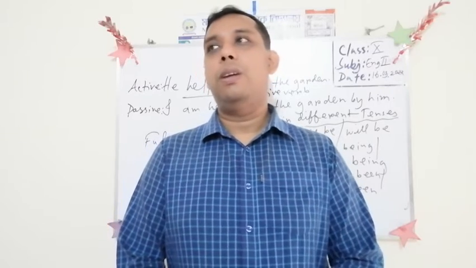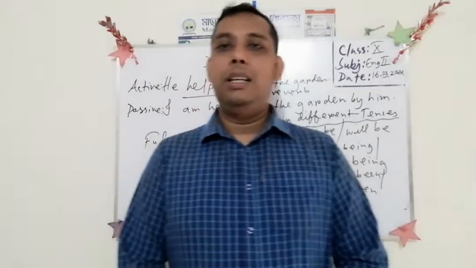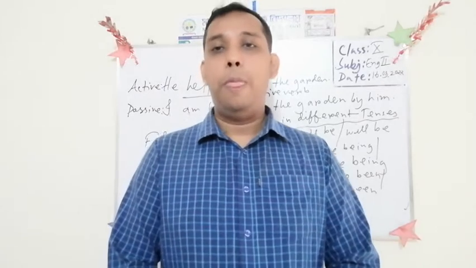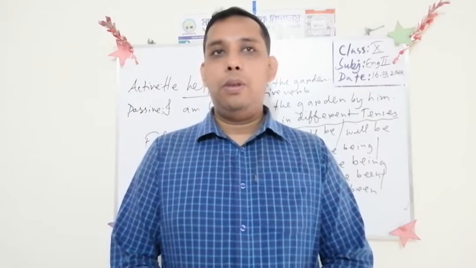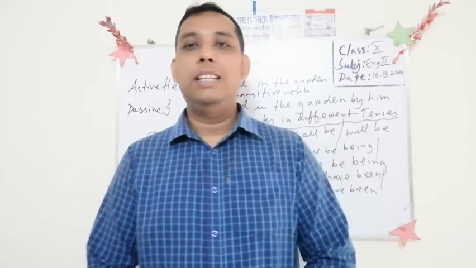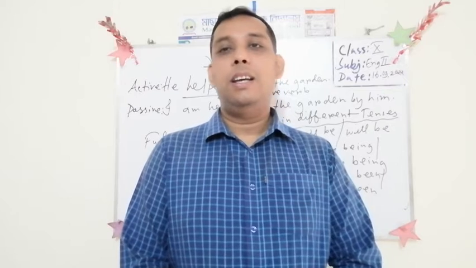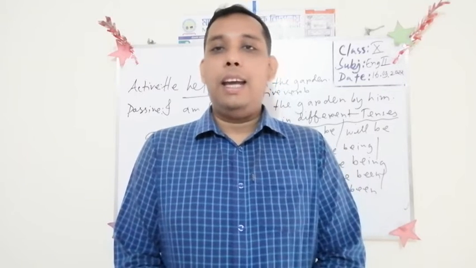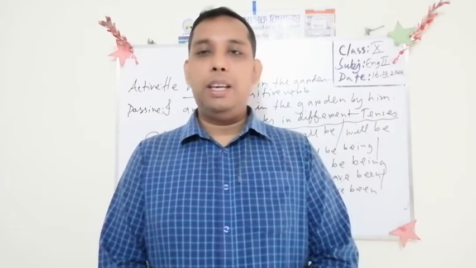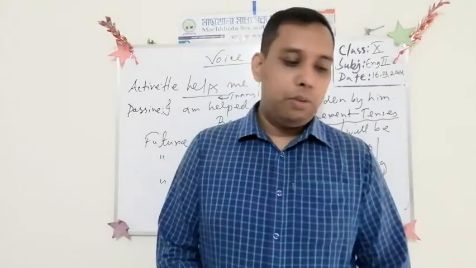As for example, take, help, need, know, and so on. So can you tell me the object form of he? Yes, object form of he is him. I, what would be the object form of I? Me. We, us. Okay.